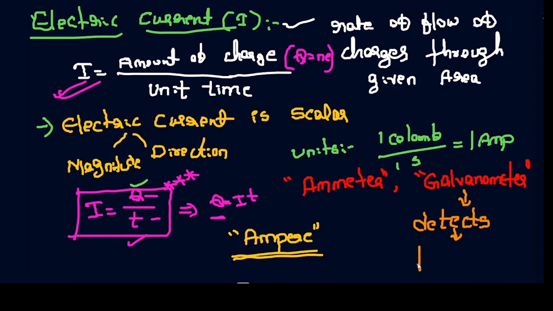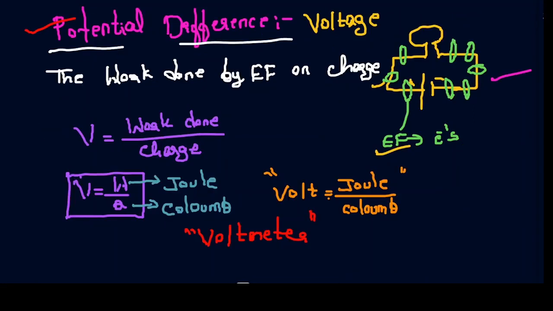But ammeter only gives the exact value of the amount of current passing through the circuit. Now I hope you have understood the difference between these two devices. According to your purpose, you can choose the device to measure current. So these are the devices which are used to measure potential difference and electric current, right?